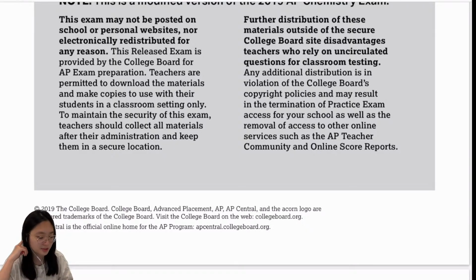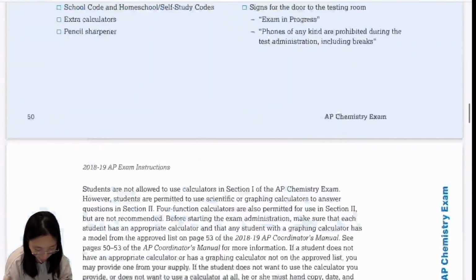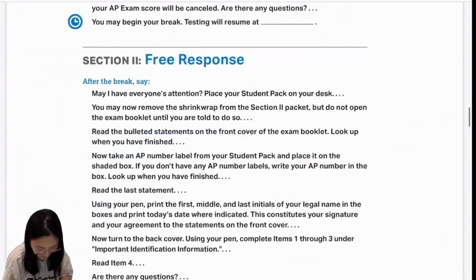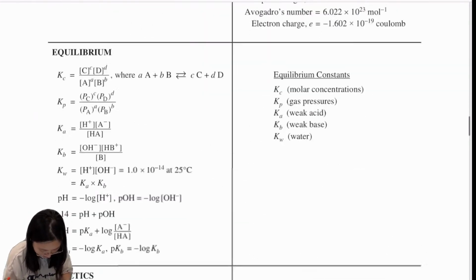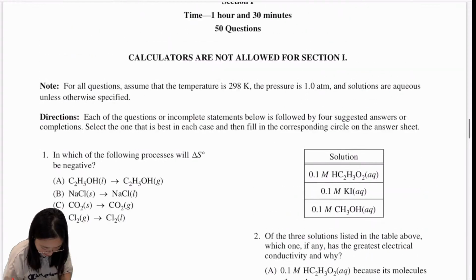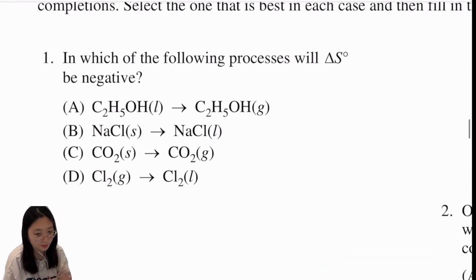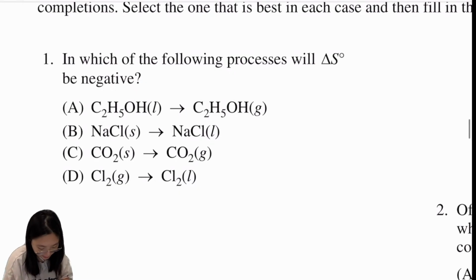I will start with MCQ because we went over a lot of FRQ questions in the past couple of days. So I want to go over the MCQ questions first, and then we might not be able to go over all the FRQ questions, but I will try my best. Let's start with question number 1. If you want to give the answer, feel free to type it in the chat box.